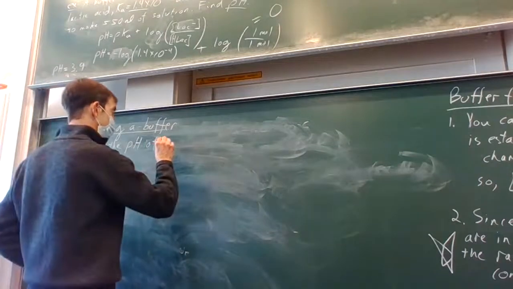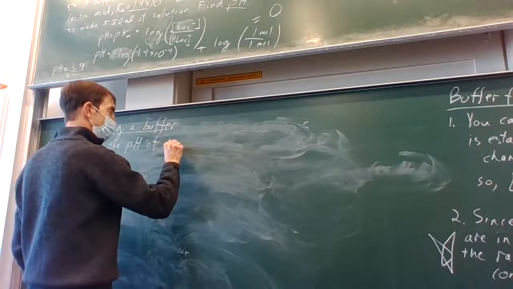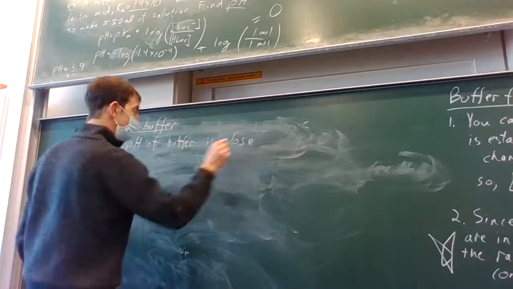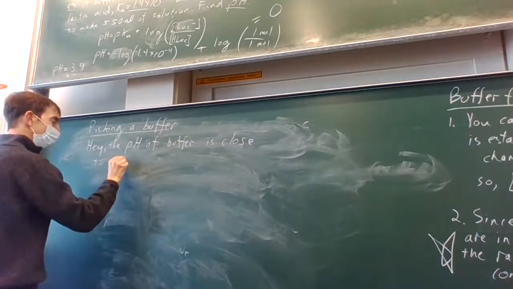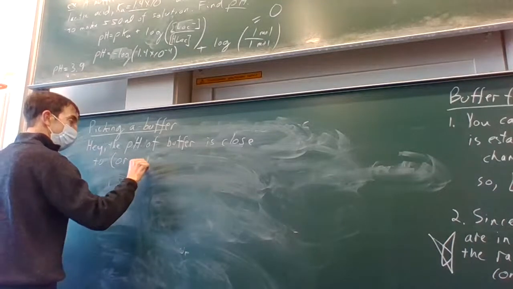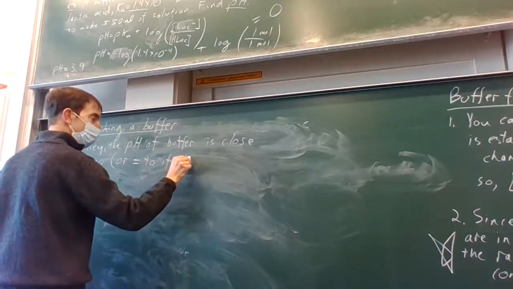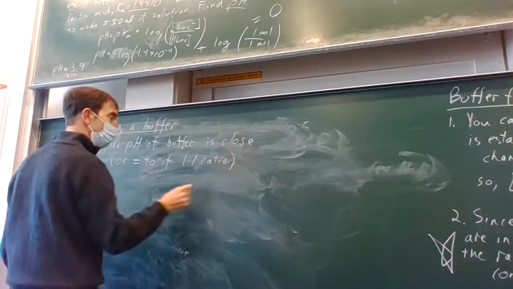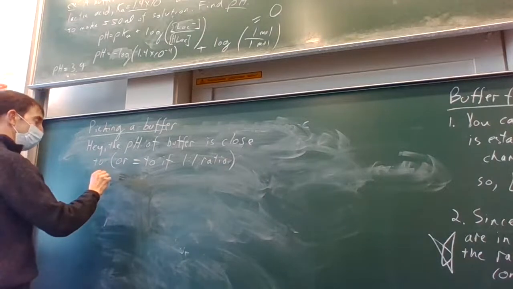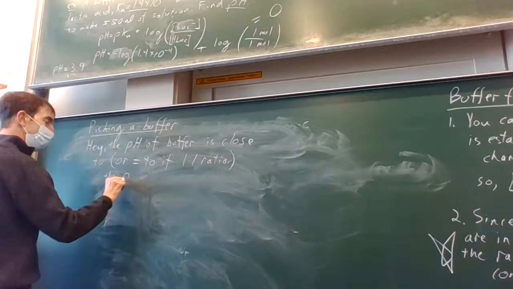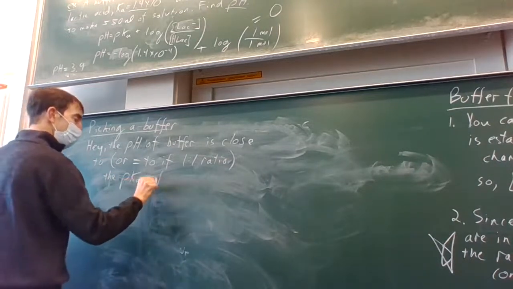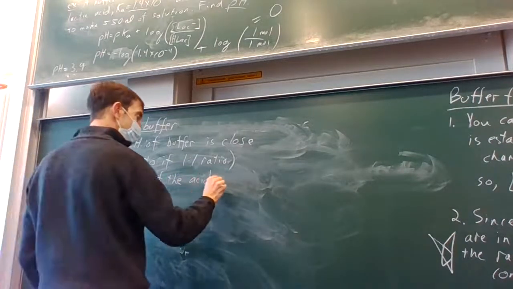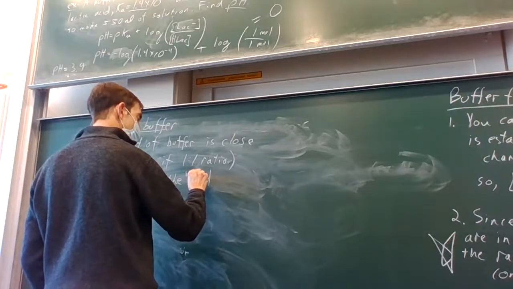So the pH of a buffer is close to, or equal to, if it's a 1-to-1 ratio, the pKa of the acid in the buffer, or weak acid.